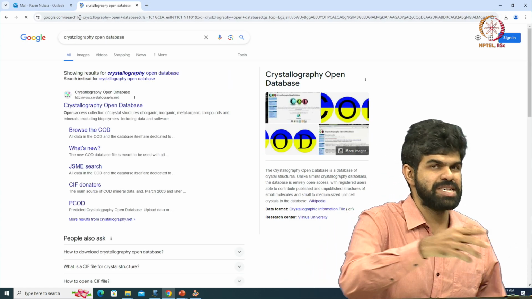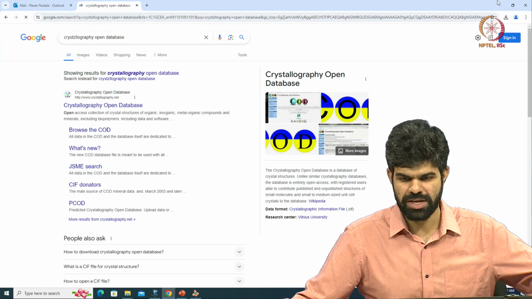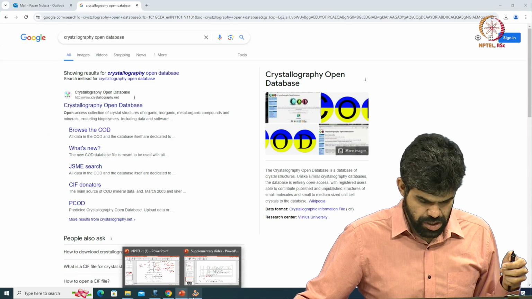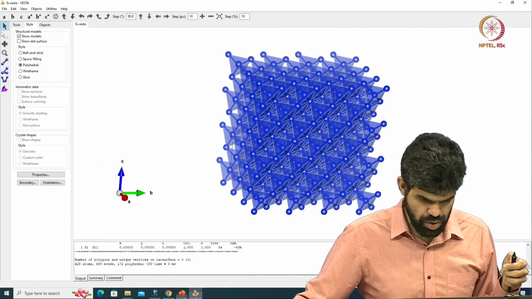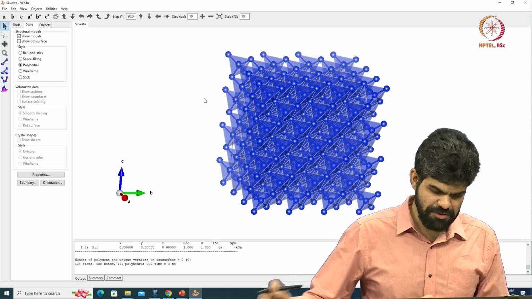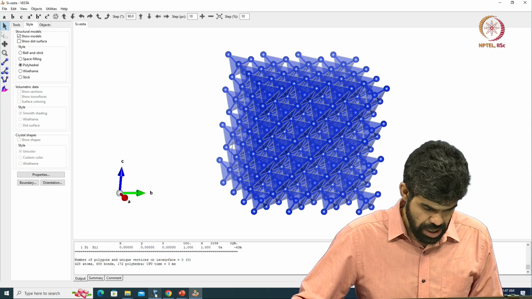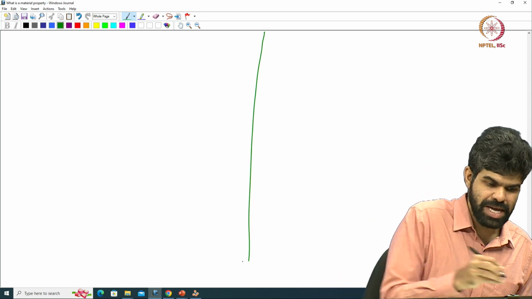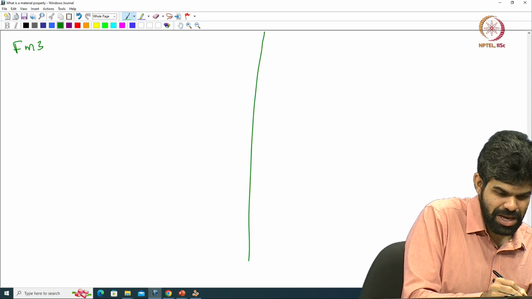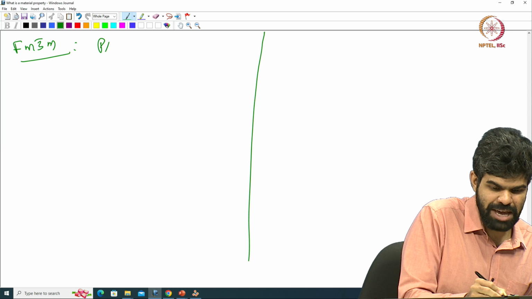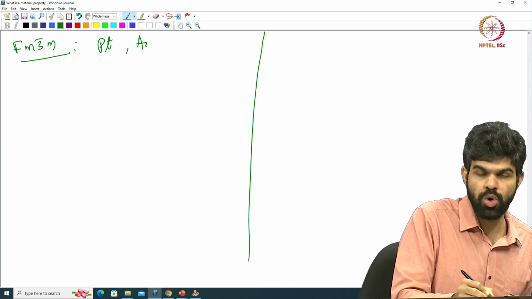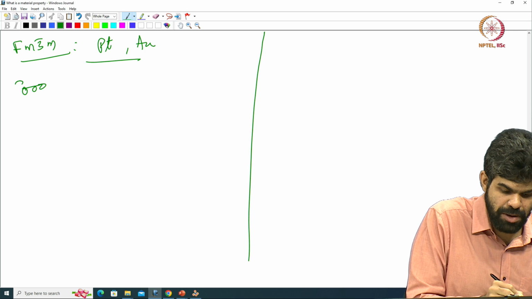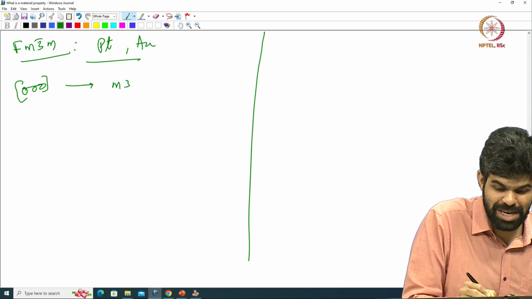Or let me state a fact for you, and in the interest of time you can actually do it yourself. I am not showing you the platinum structure, but if I take a structure which has a symmetry not FD 3 bar m, rather FM 3 bar m, this is my FCC platinum, FCC gold, these sort of structures, then my 0 0 0 will be a point about which I have an M 3 bar m symmetry.